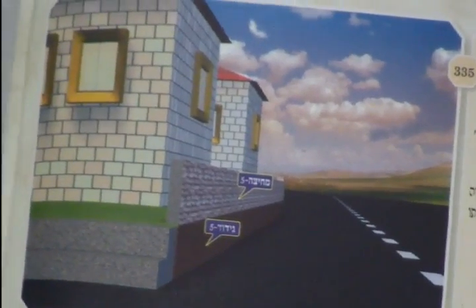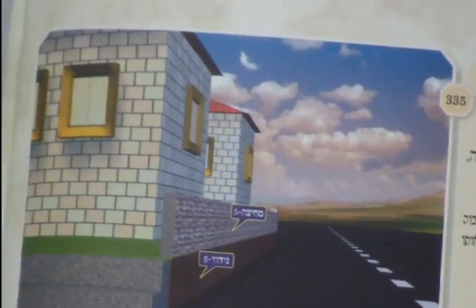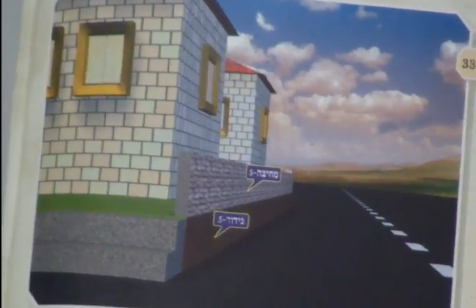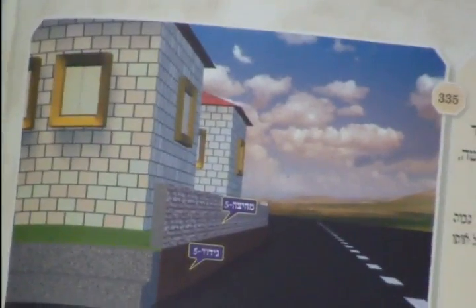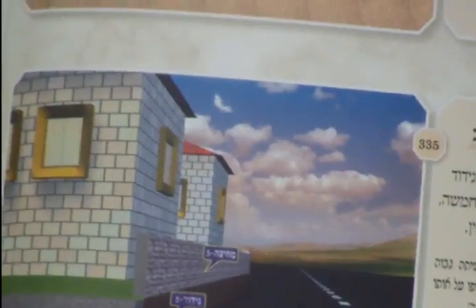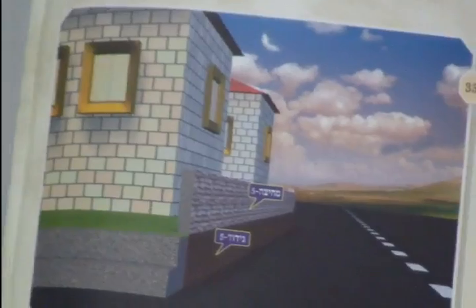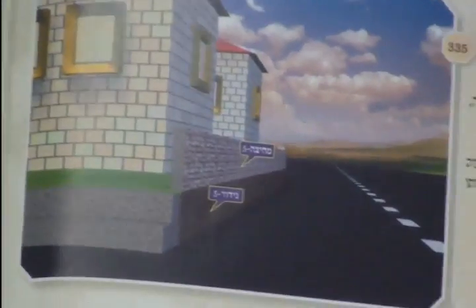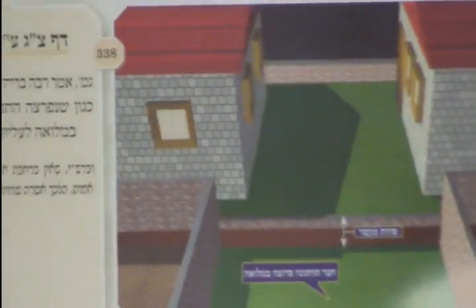An embankment 5 handbreadths high and a wall 5 handbreadths high combine to form a valid partition, 10 handbreadths in height. That's basically the idea of 5 and 5 together making 10. Now we discuss a situation where there was a wall between the two and it collapsed.